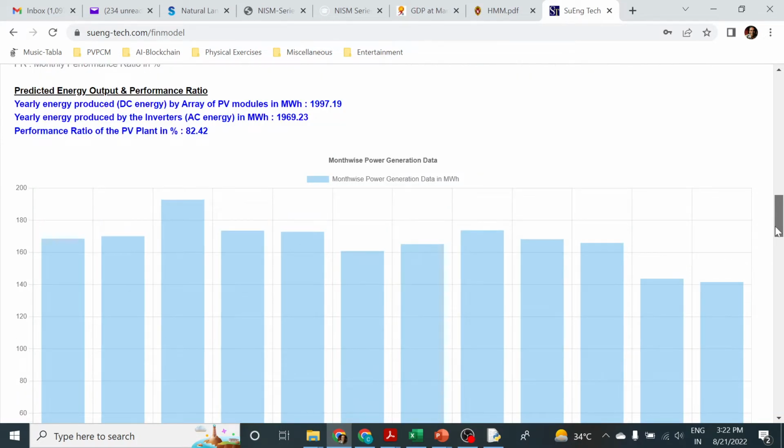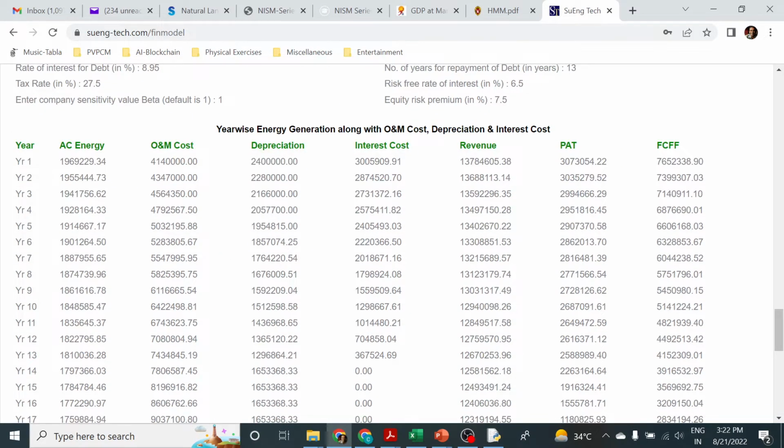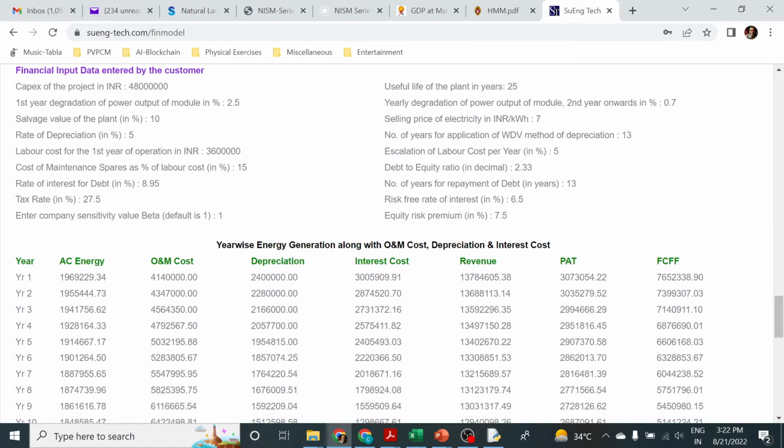So these two graphs are for the first year only, and then from first year onwards these are the yields from first year to 25th year, and this value is in kilowatt hour.